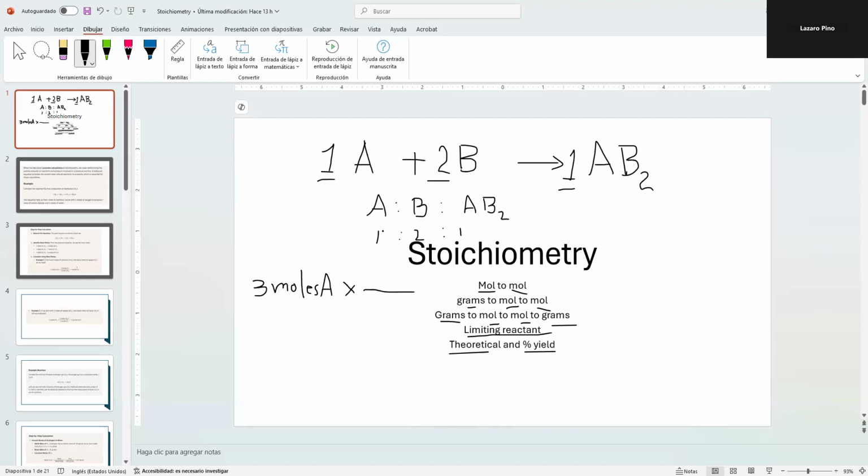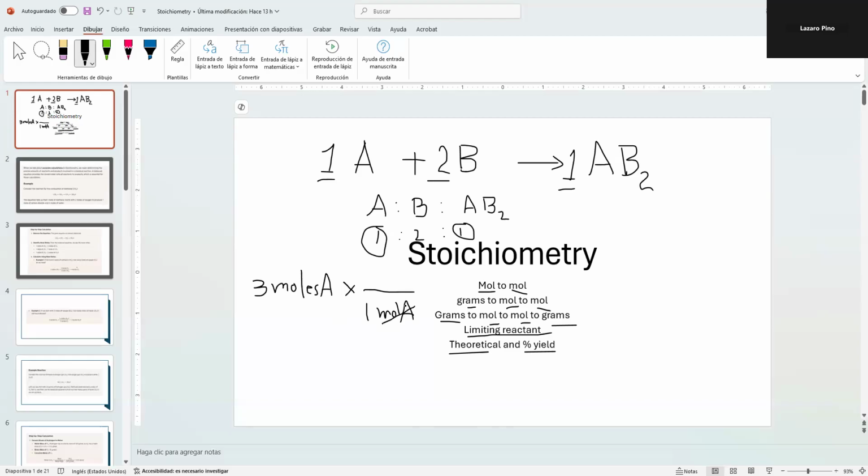You know that 1 mole of A produces 1 mole of AB2. Then you write down 1 mole of A. Why do you write A down?